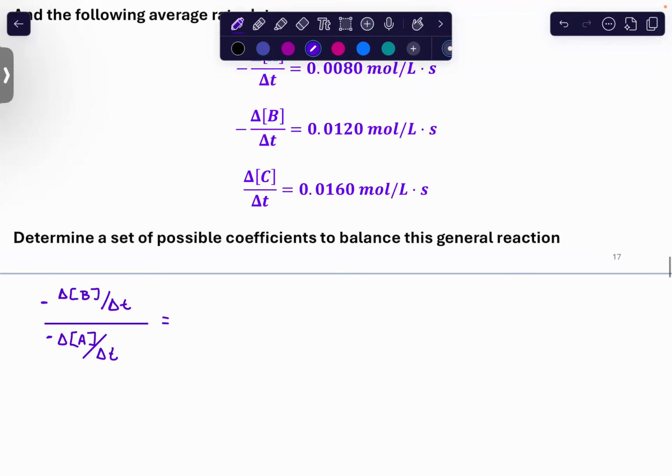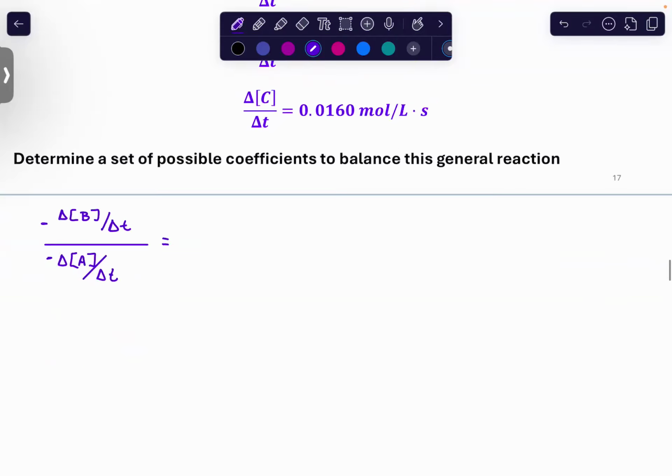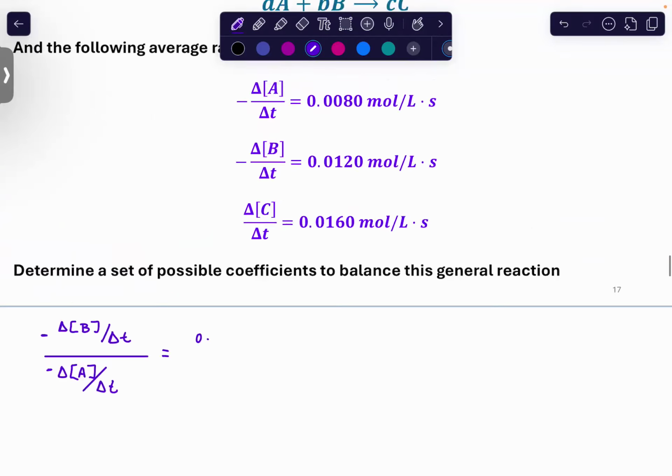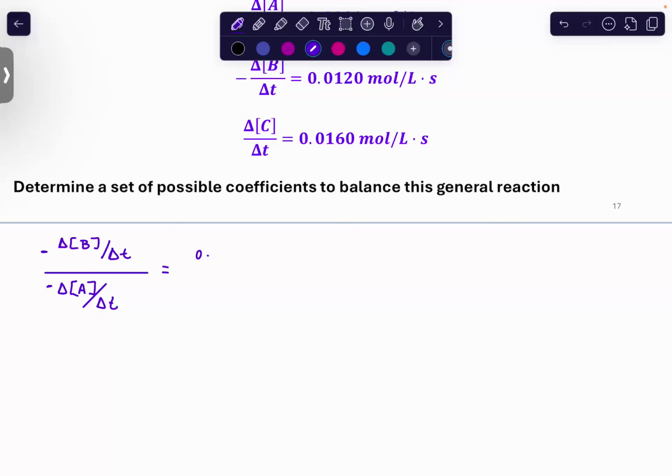So if we do this, we're going to do the 0.012 over the 0.008 because I want to put the larger number on top. That'll give me easier ratios to work with. This gives me 1.5. What is 1.5 in fraction? 3/2.